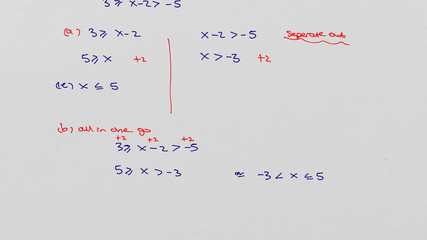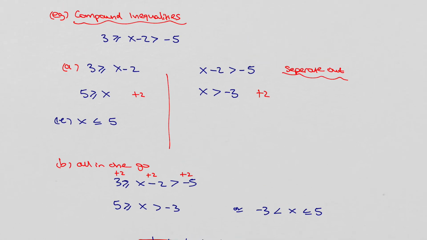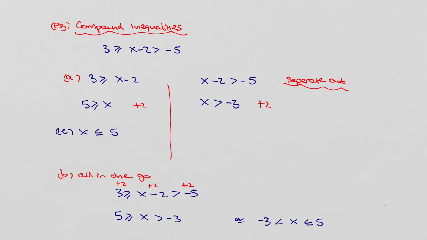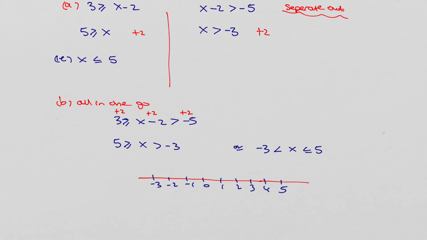So if I was drawing that on a number line, what does it mean? Well, if I have minus 3, minus 2, minus 1, 0, 1, 2, 3, 4, and 5. Let's say x is an element of the real numbers. I forgot to write that at the top, sorry. Then if it's less than or equal to 5, it's going to be a solid dot on 5.